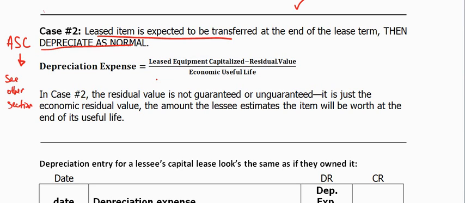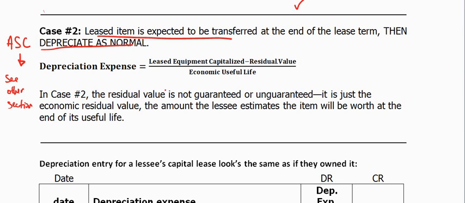If the lessee is going to end up owning or expected to own the item, depreciate as normal. So it could be the case that they have a transfer of ownership. Clearly, the lessee is going to own it, depreciate as normal. Or if there's a bargain purchase option, they would almost certainly end up owning it. So you depreciate over the useful life and depreciate as normal.